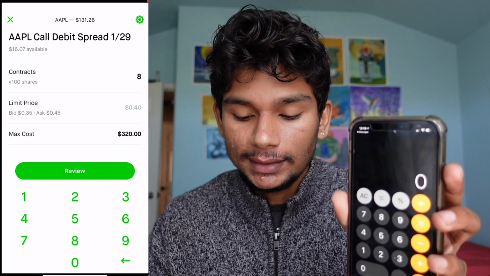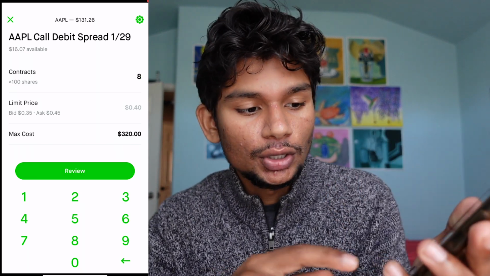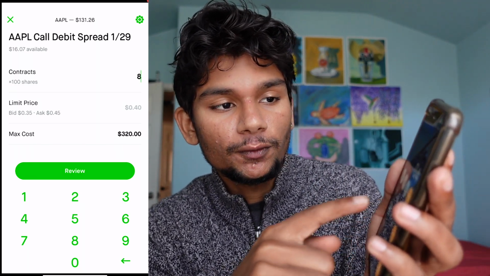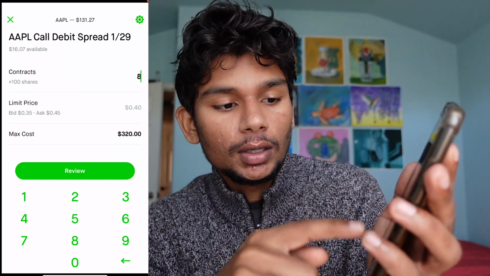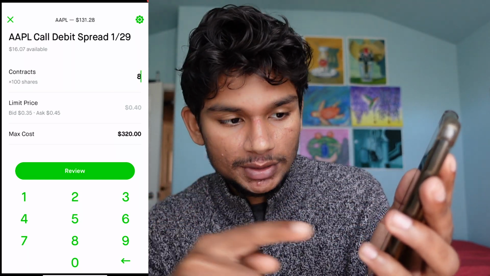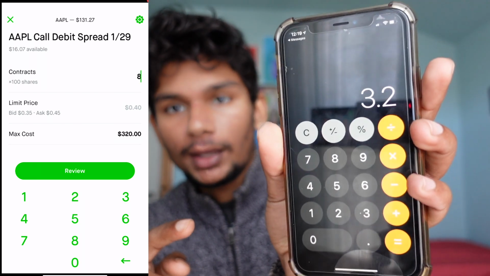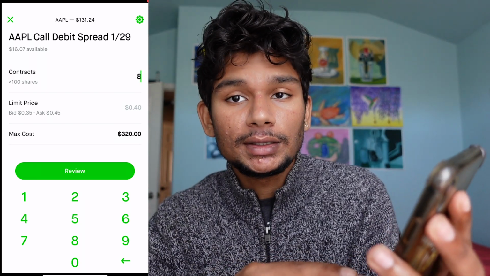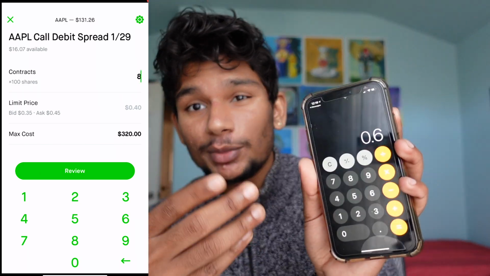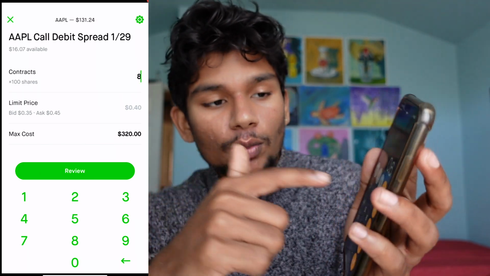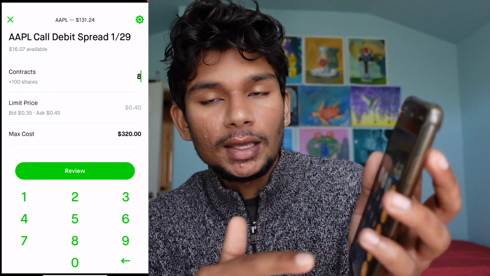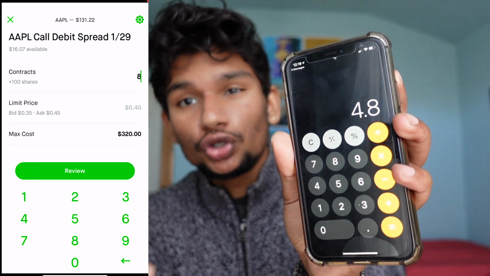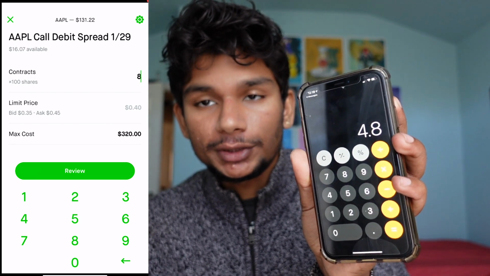Now we're buying 8, and we're paying 40 cents. So 0.4 times 8, and we're paying $320, okay? Now I'm going to do 0.6, because that's how much we'll be making per contract. 0.6 times 8 is 4.8. So you'll be making $480.